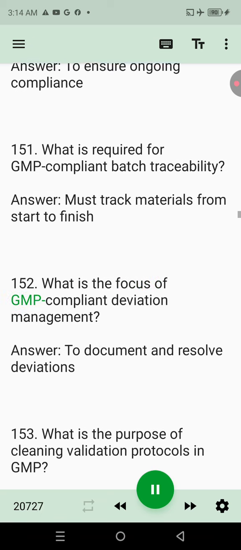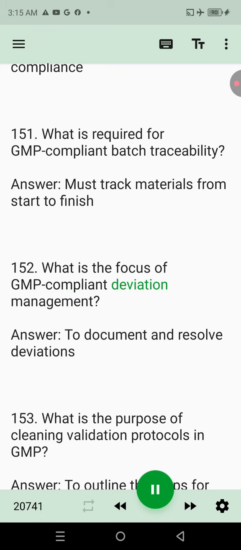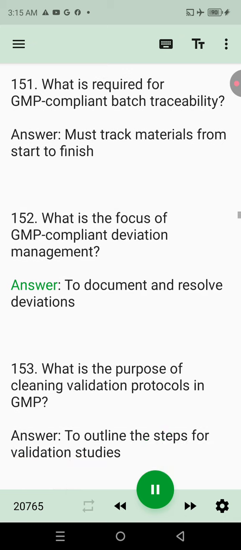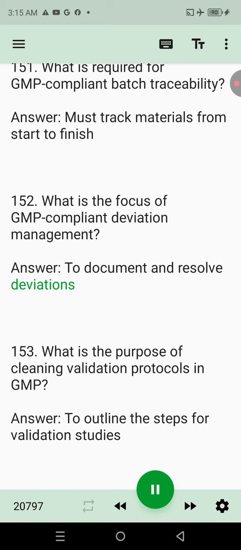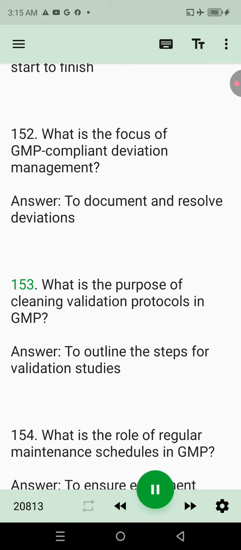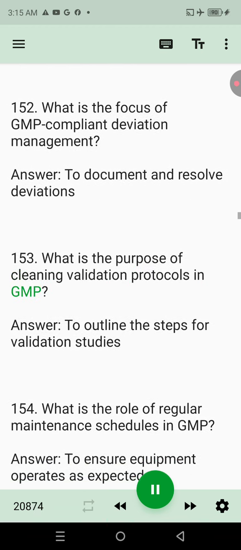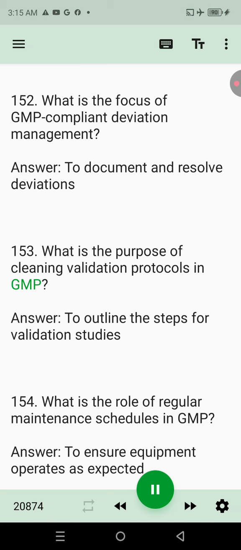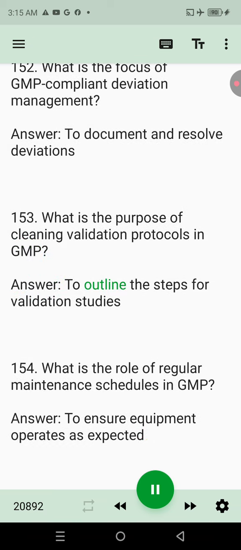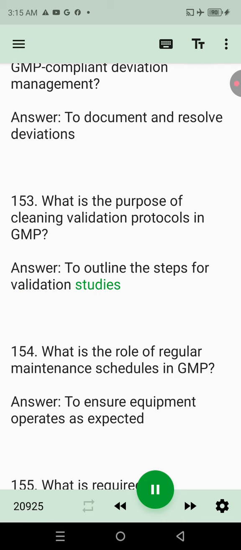What is the focus of GMP compliant deviation management? Answer: to document and resolve deviations. 153. What is the purpose of cleaning validation protocols in GMP? Answer: to outline the steps for validation studies.